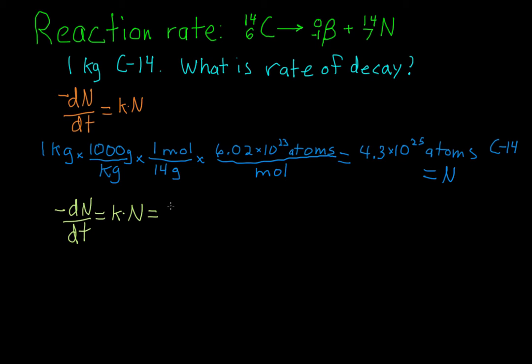From the previous problem, we got that k is 1.2 times 10 to the negative 4th years to the negative 1, and this is multiplied by 4.3 times 10 to the 25th atoms.